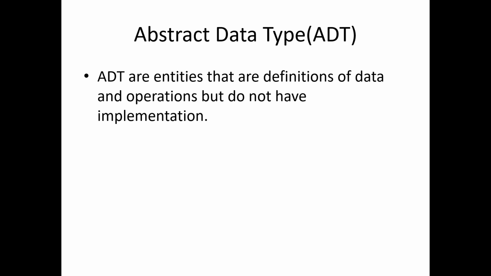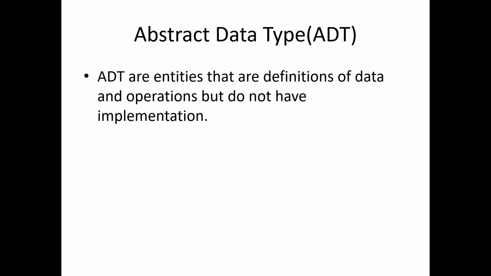What data structure is defined in math.h, what program is defined, what the implementation is, is not known. That implementation does not come into the picture; it is hidden in memory. So that kind of thing is called an abstract data type.